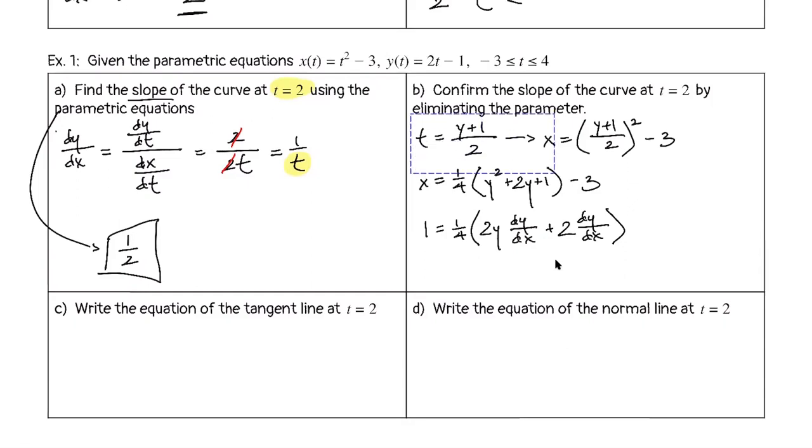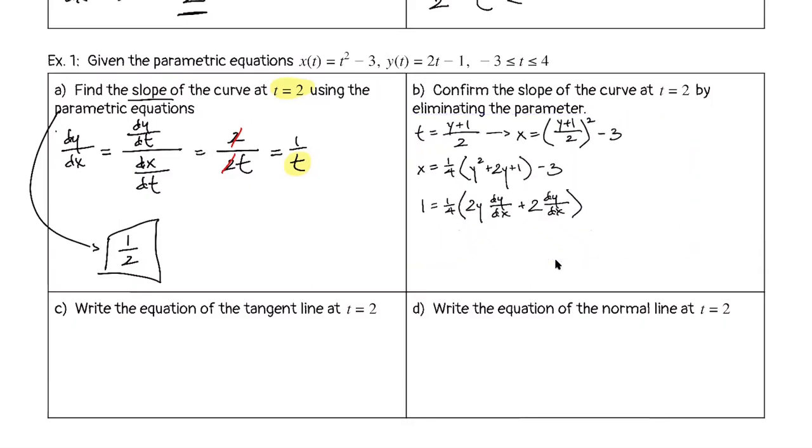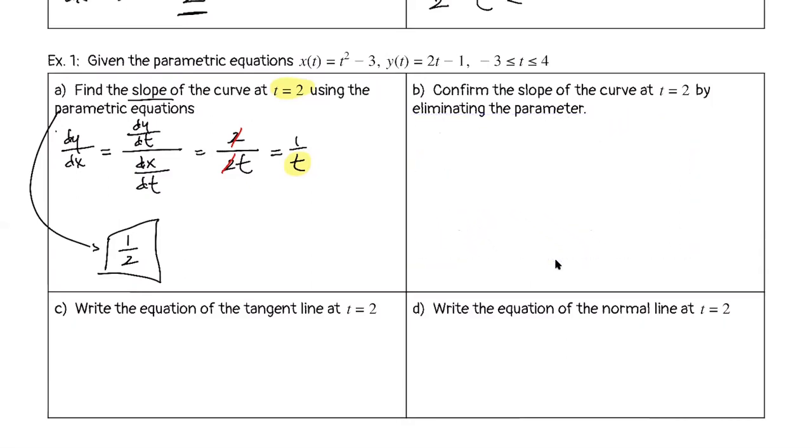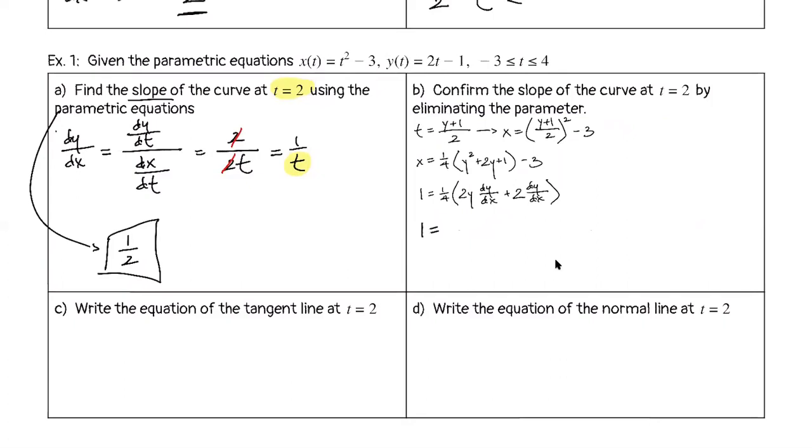So let's make a little bit more space here. All right. So if I distribute that 1/4, I'm going to get 1 equals 1/2 y dy/dx plus 1/2 dy/dx. And when I'm trying to find a derivative, I'm solving for dy/dx. And so I like that on the right-hand side, it's a factor in common.